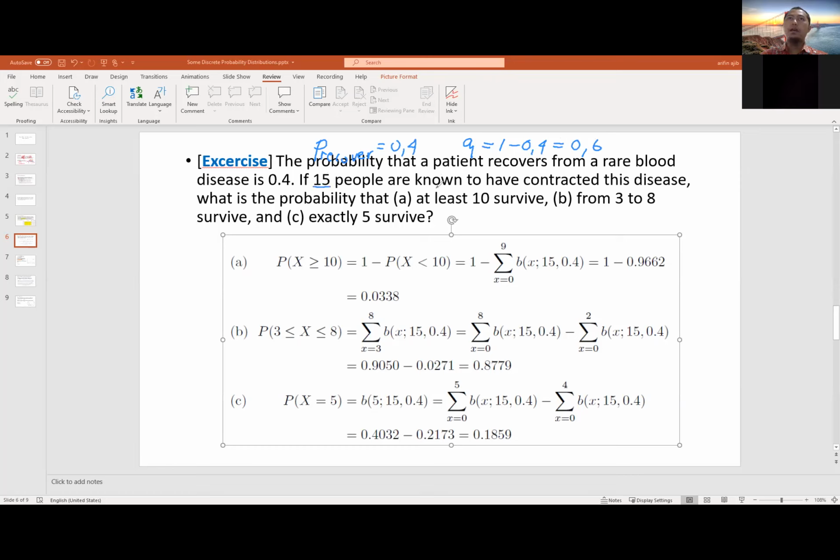If 15 people are known to have contracted this disease, what is the probability that at least 10 survive? Please point out here, at least 10.